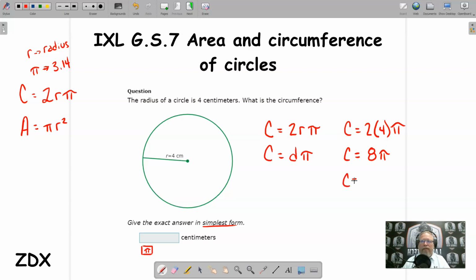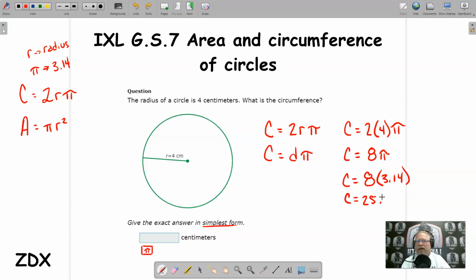Now, in some activities, you might have 8, and then you have to multiply times pi and call that 3.14, not 3.13. Let me change that, 3.14. And if we did that, that would give us a product of 8 times 3.14, and that gives us C equals 25.12.